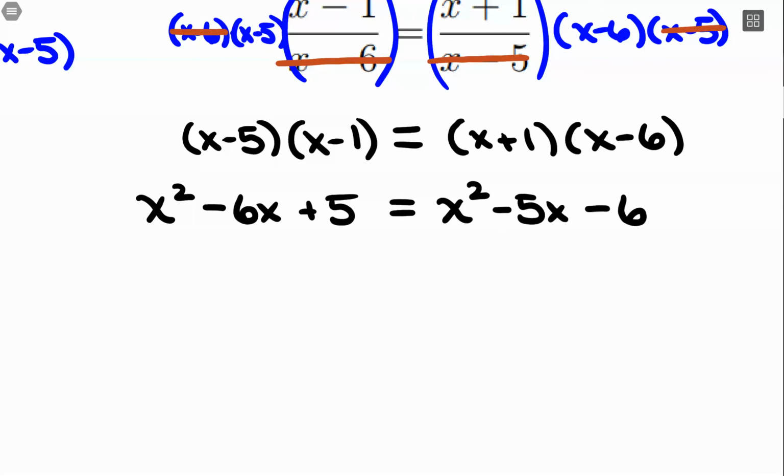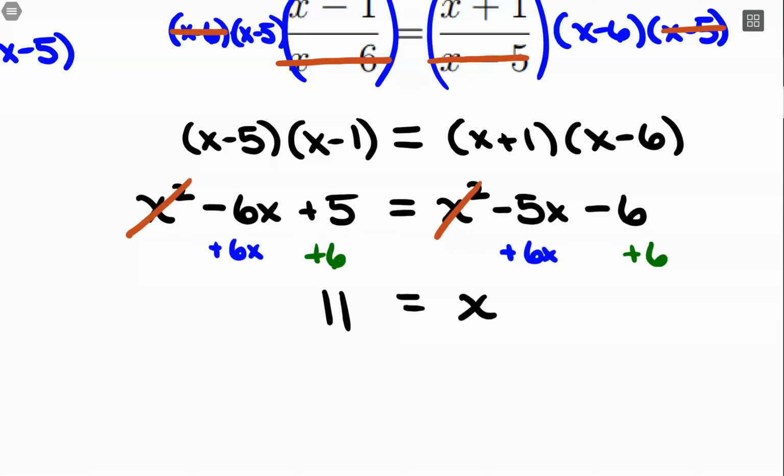If I subtract x squared from both sides, that x squared term just goes away. So it becomes something linear to solve. So I'm going to go ahead and add 6x to both sides so that I end up with x on the right-hand side of the equation. And then I can also add 6 to both sides. So then x is all alone, and we end up with 5 plus 6, which is 11.